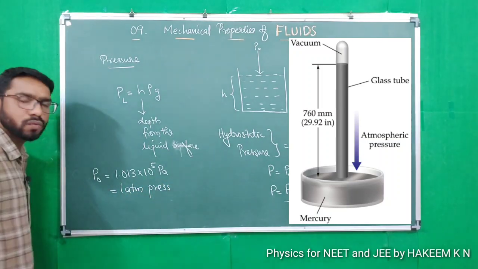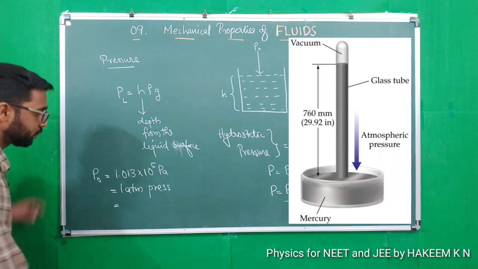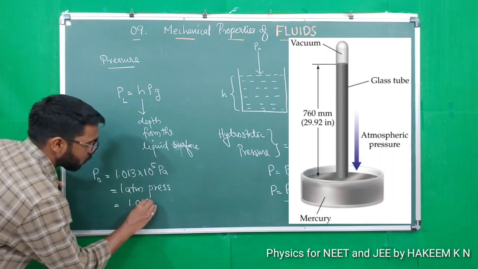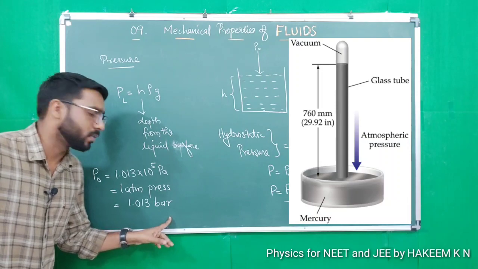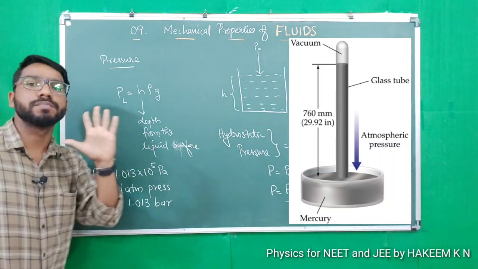That is equal to 1 atmospheric pressure, and that is equal to 1.013 bar, because 1 bar equals 10 power 5 Pascal.